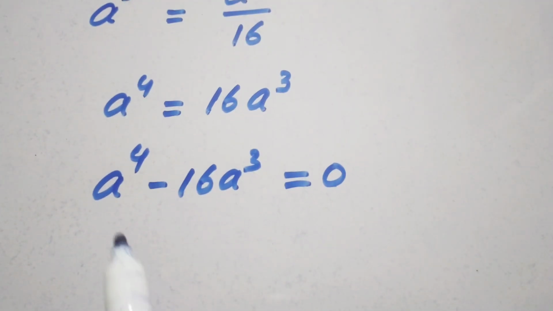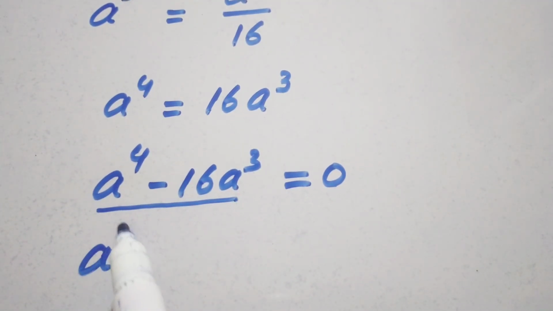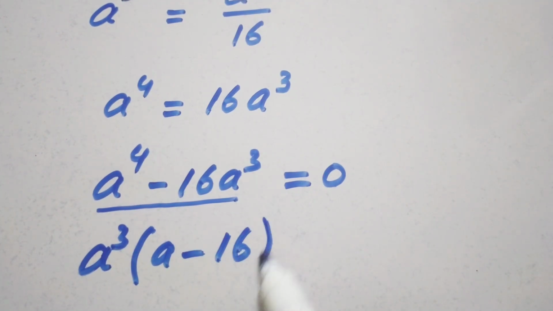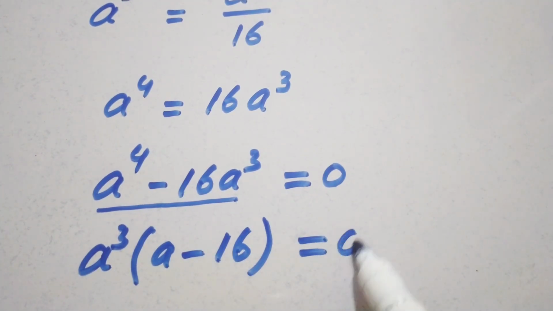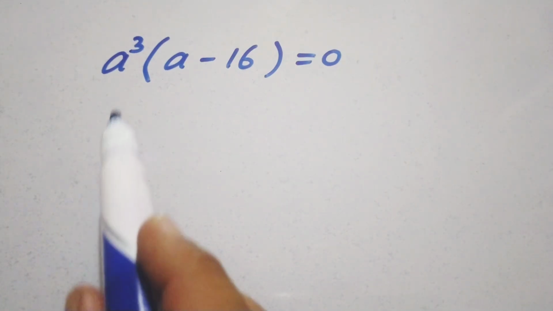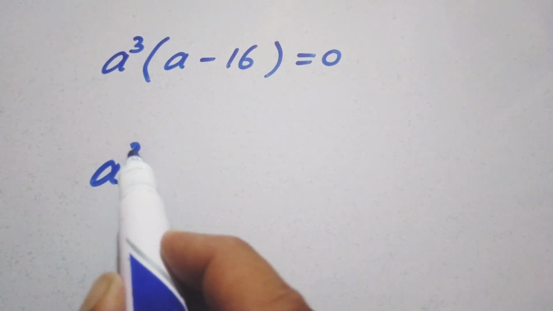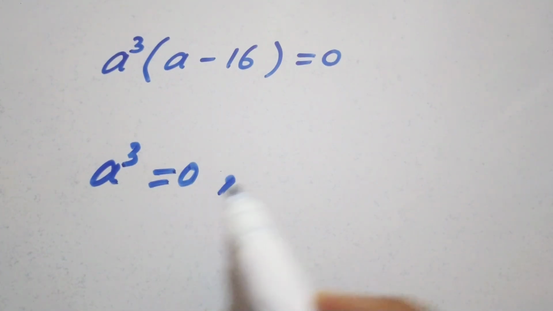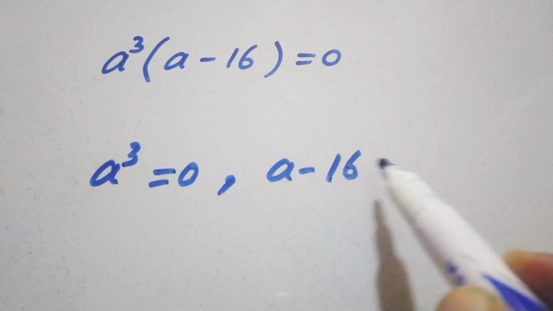Now we can factor out a cube from these two terms. So inside the bracket here a minus 16 will be left, and this whole thing is equal to 0. Now by using zero product rule, we get a cube is equal to 0 and a minus 16 is equal to 0.